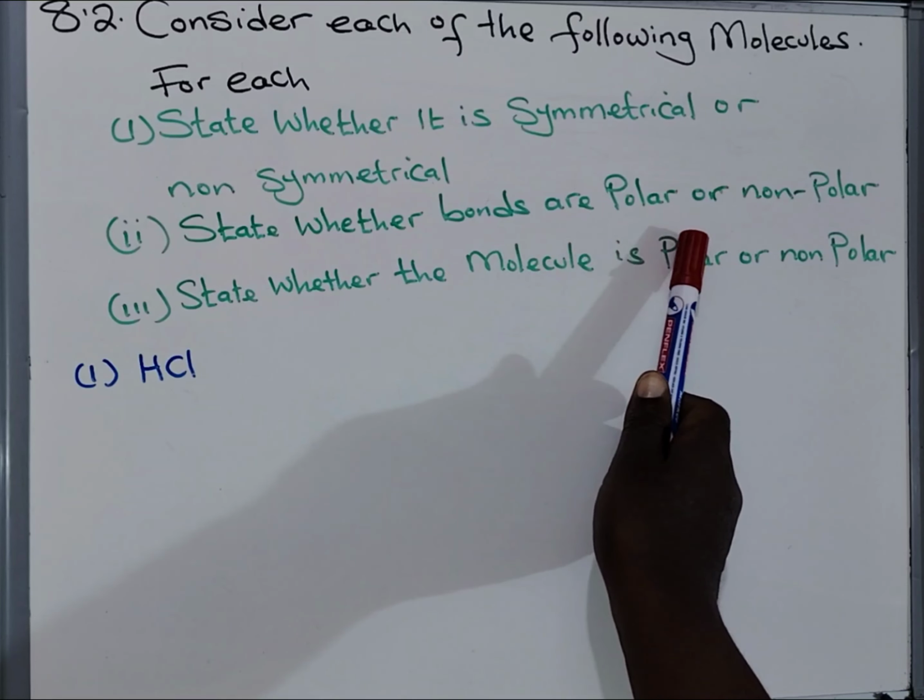Then comes this one, boron trichloride. In this case, you have to know that boron belongs to group 3 with 3 valence electrons, all of which are used for bonding.